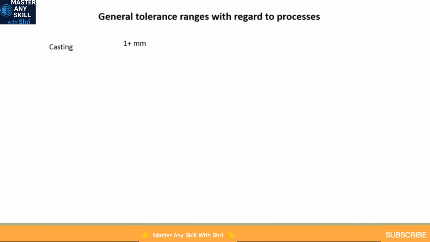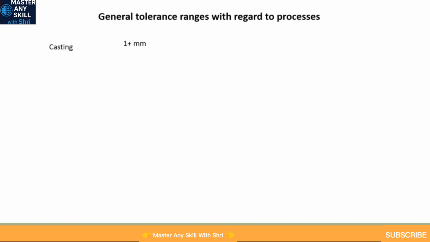For example, if you are making a part using casting with a design dimension of 50, the minimum tolerance range you can apply is plus or minus 1 mm. You cannot go below that because of the capability of the process. It is not a high precision process. It cannot maintain high levels of precision during the processing of the material.